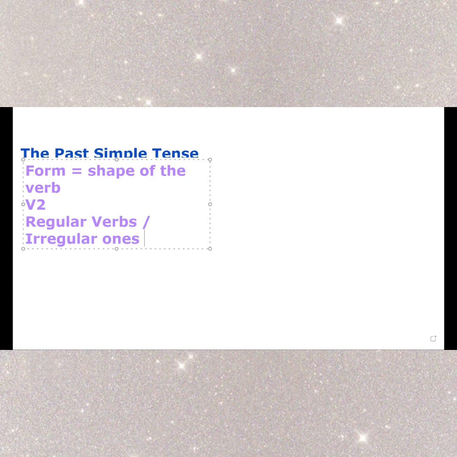What about regular verbs? How do we get the form 2? How do we get the past simple from regular verbs? Most regular verbs just add what for the second form of a verb?